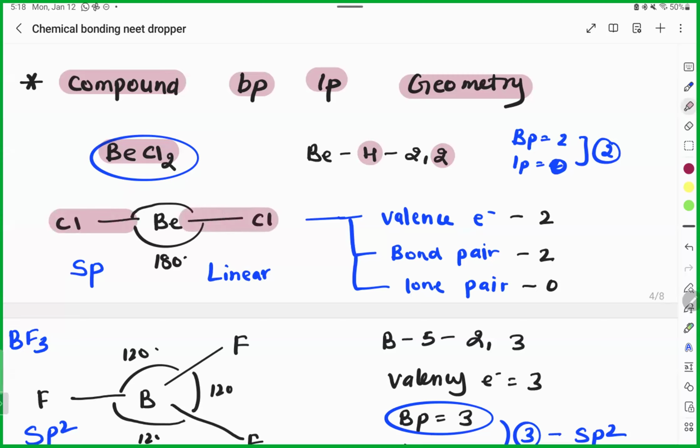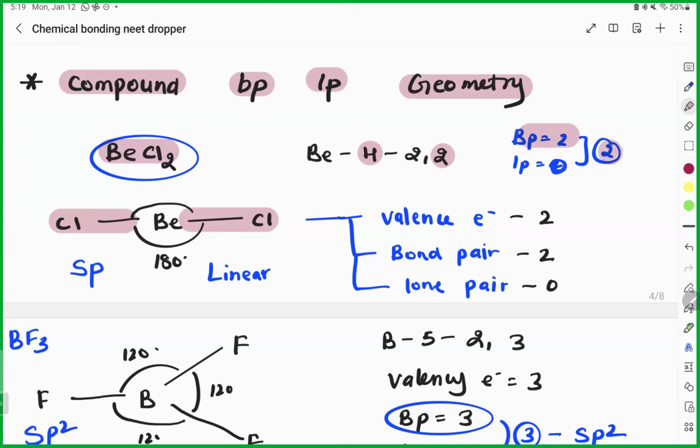What is the number of bonds? 2. What is the number of lone pairs? 0, because there is no free electron, correct? So what will be the total number? 2.